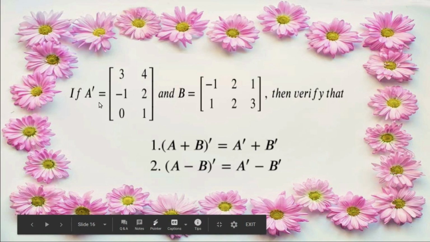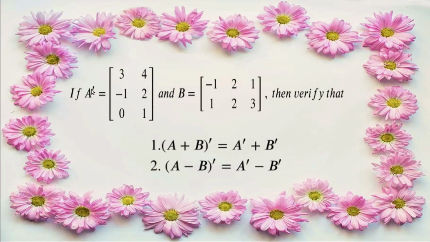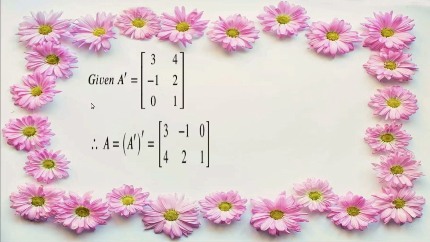So first we have to find A, which is transpose of A transpose. First row becomes first column of its transpose. So first column is 3, 4, second column is minus 1, 2, third column is 0, 1. So A equal to matrix 3, minus 1, 0, 4, 2, 1.